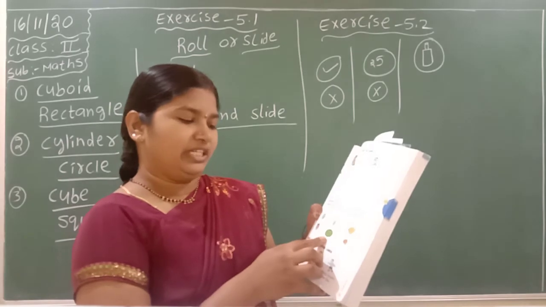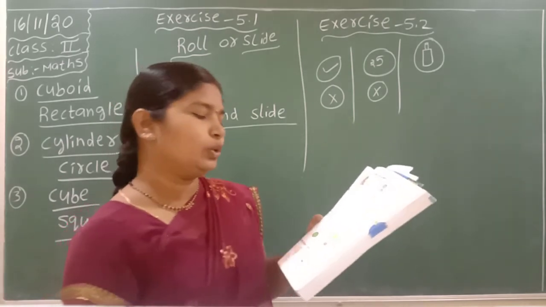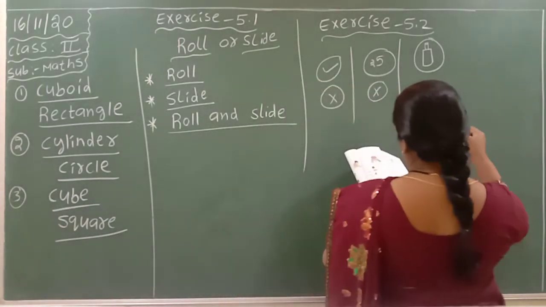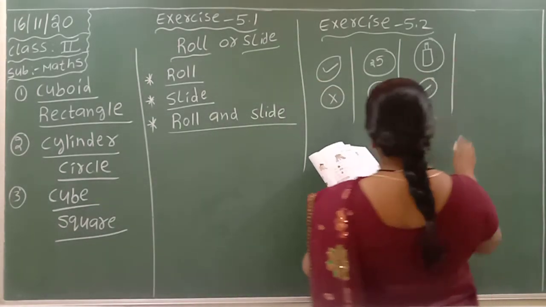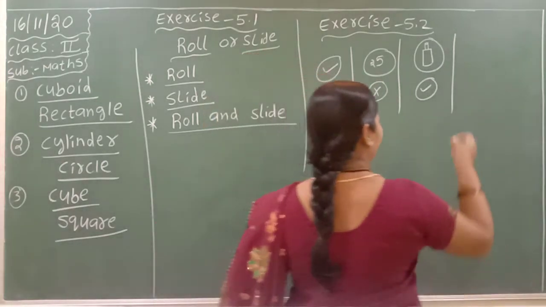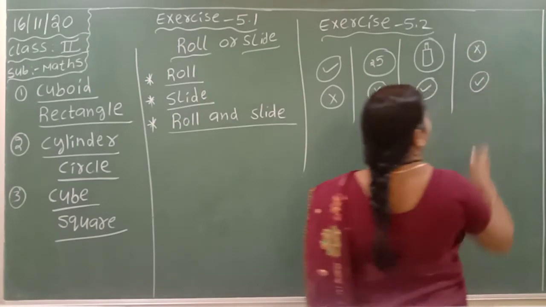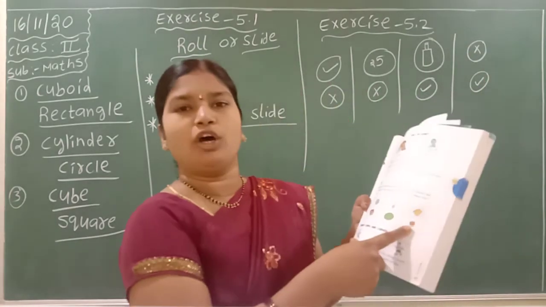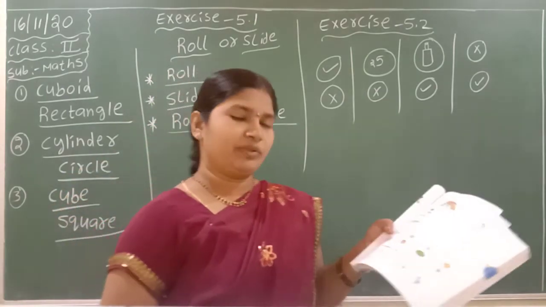Next, this watermelon. It will roll. So put a tick mark in the given circle. Next, box. Box is the example for slide. Put a cross mark. And the top. Top means this one. Top is the example for roll. It will roll. Okay.